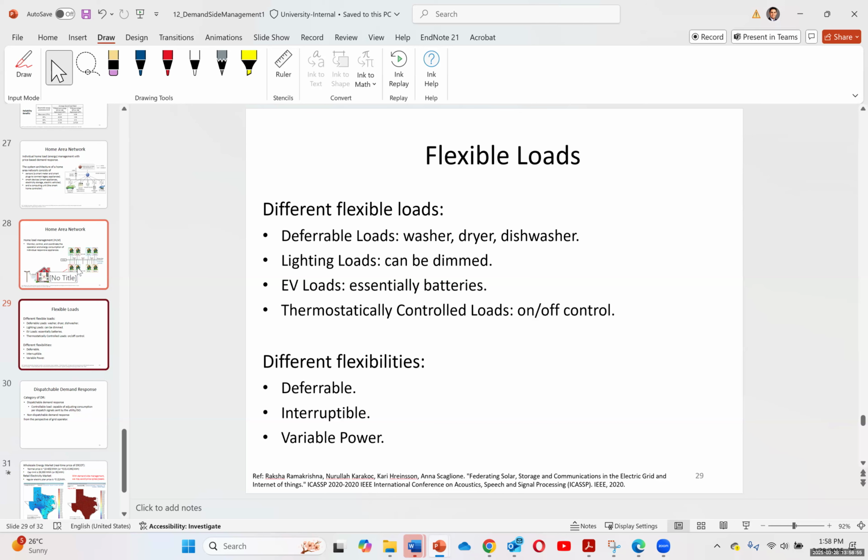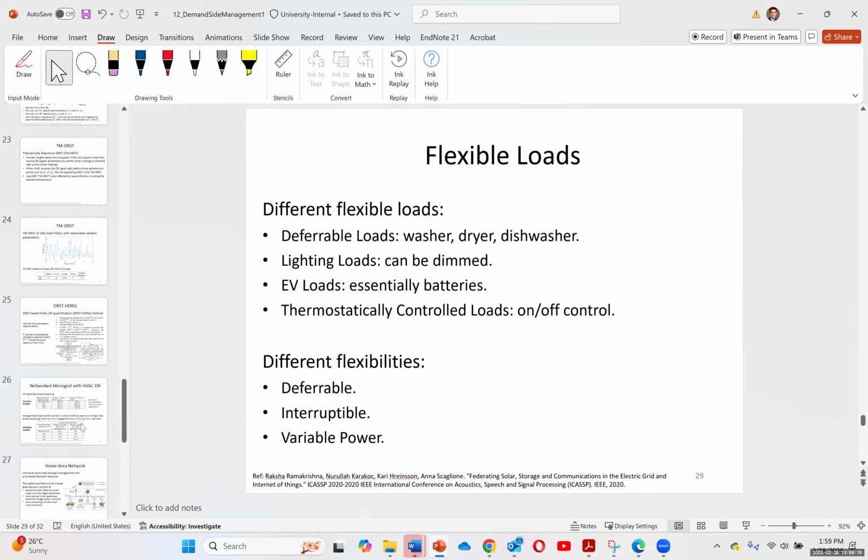And then we have thermostatically controlled loads, or on-off control: your HVAC system, refrigerator, heating, cooling, etc. Heat pumps, water heaters, and so on. So different flexibilities. We have deferrable, interruptible, and variable powers, as mentioned.